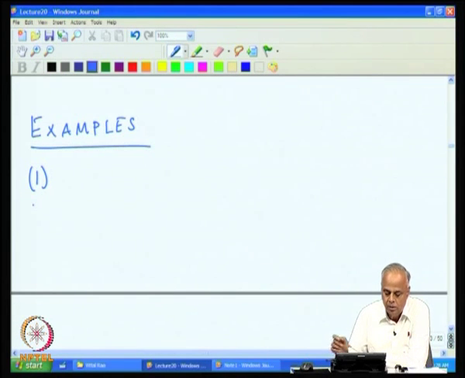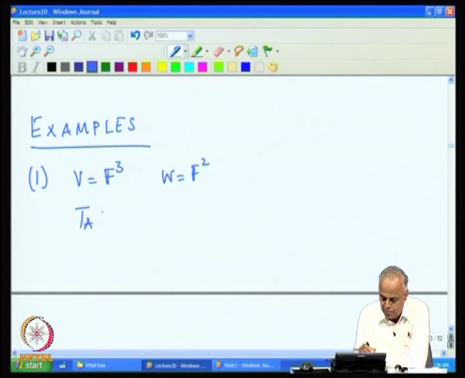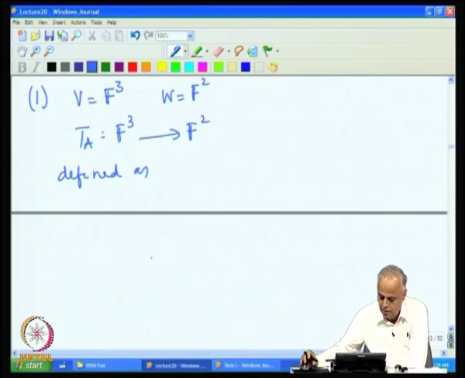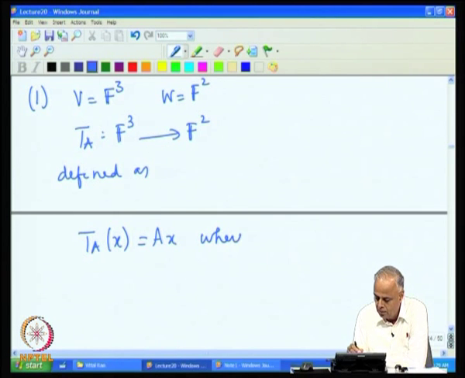If you recall, we had the example V equal to F^3, W equal to F^2, and the linear transformation from F^3 to F^2 defined as T_A(x) equal to Ax, where A was the matrix with rows 1 0 minus 1 and 0 1 minus 1.